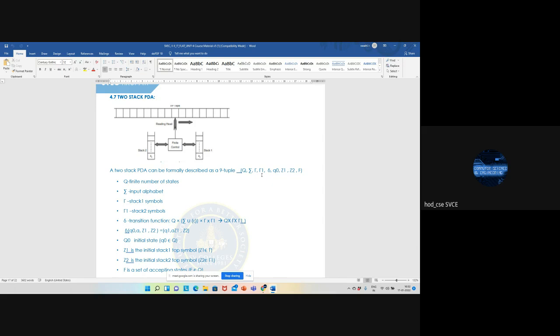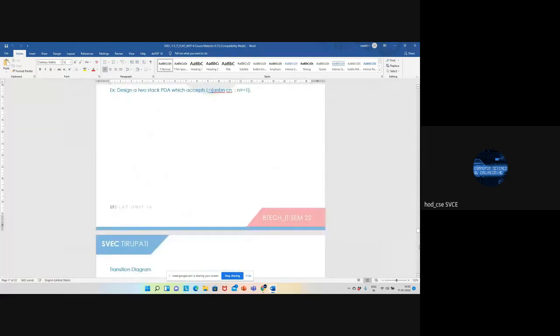If we take Z0 for both, we may get confusion about which stack it belongs to, so we take Z1 and Z2 as the initial values on stack 1 and stack 2. Similarly we can take Γ1 and Γ2 for storing the symbols of stack 1 and stack 2. So that is about the two-stack PDA.